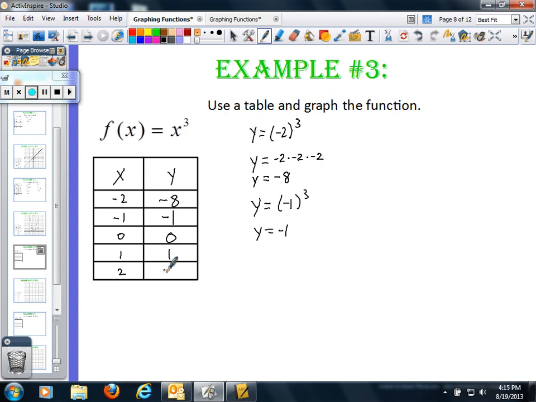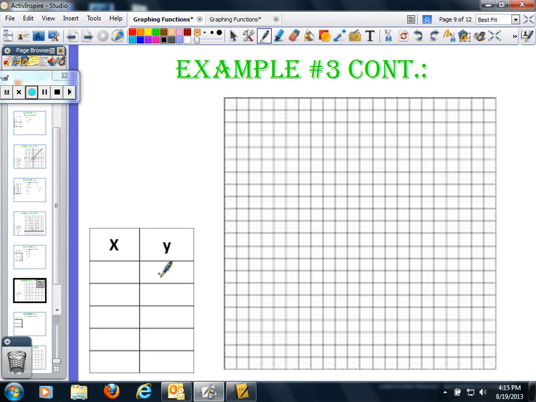And 2 to the third power will be 8. Okay, so I'm going to flip to the next page, and I'm going to fill this out. So this was negative 8, negative 1, 0, 1, and 8, for 2, 1, 0, negative 1, and negative 2.